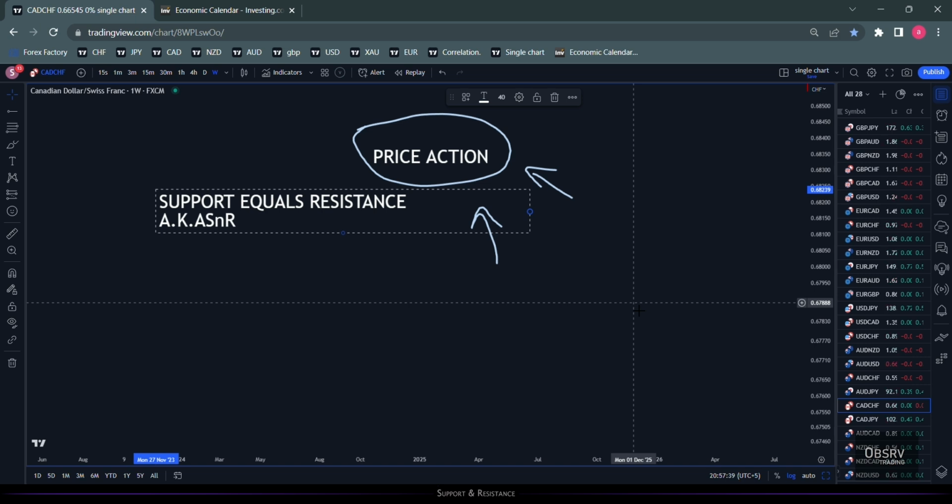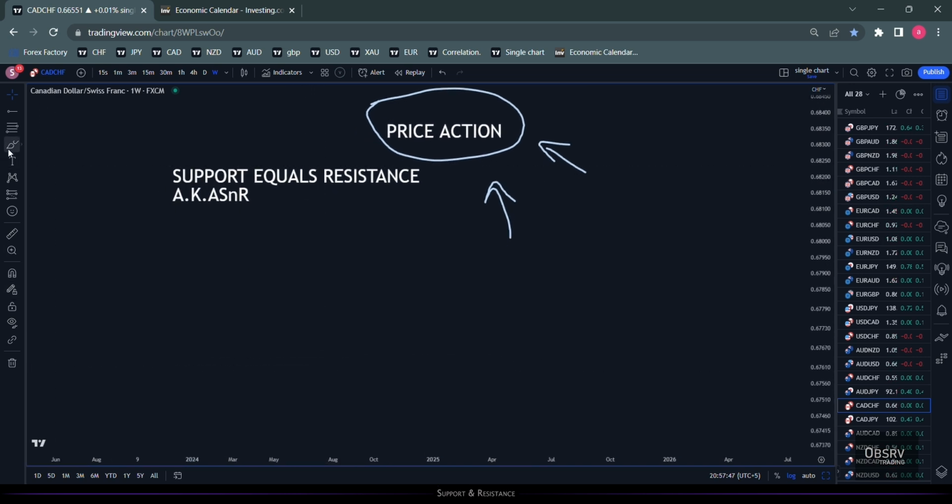It's the same with support on the charts. There is no difference. Let's say that the price is going up. It breaks through a specific area. It comes back to that area. The price reacts from that zone and it starts to go back up.